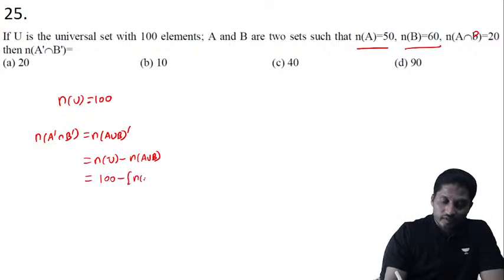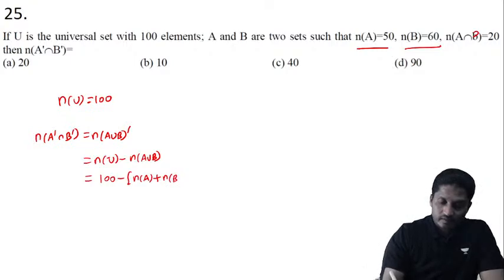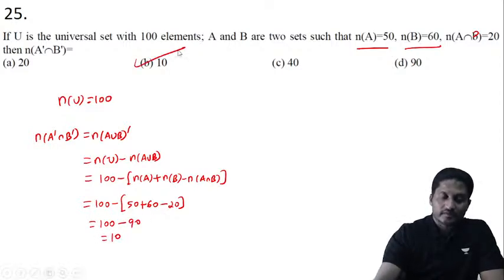N of A union B is equal to n of A plus n of B minus n of A intersection B. So this is equal to 100 minus, n of A is 50, n of B is 60, n of A intersection B is 20. You get 100 minus 90, which is equal to 10. Right? Let's move to the next question. Question number 26.